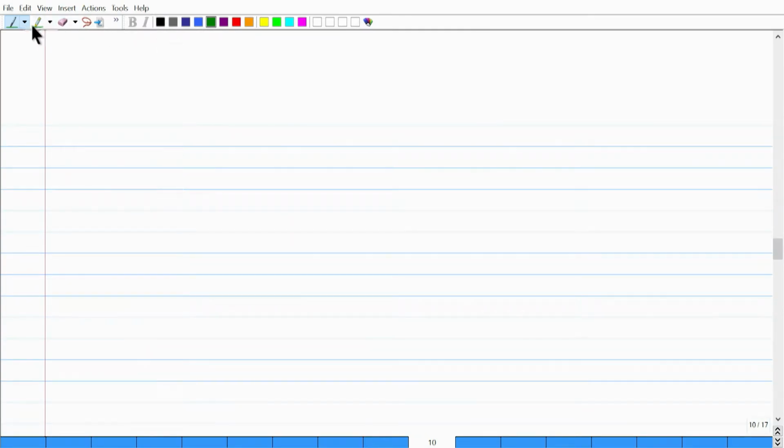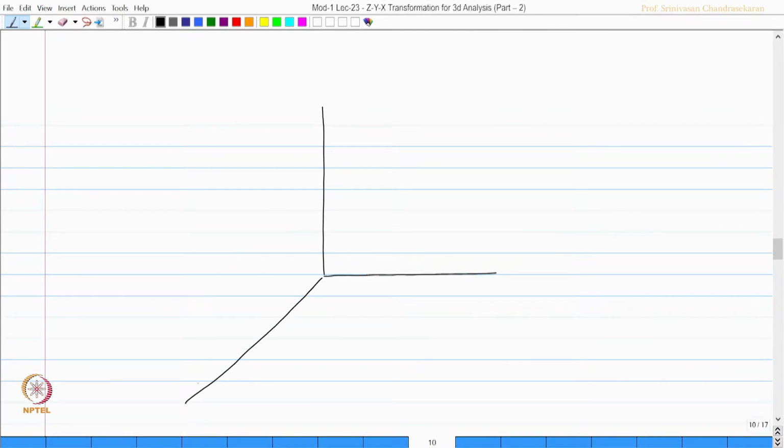3 axis system, the x, y and z. Okay. Let us have the local axis x m, y m, and z m.